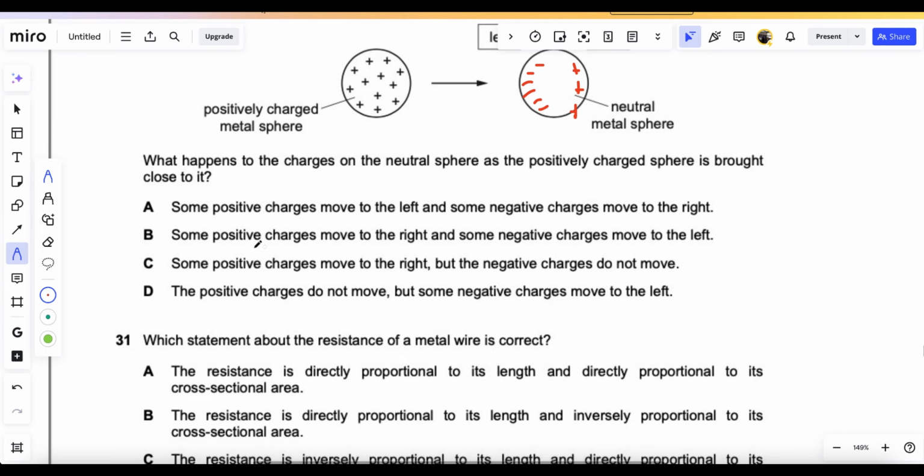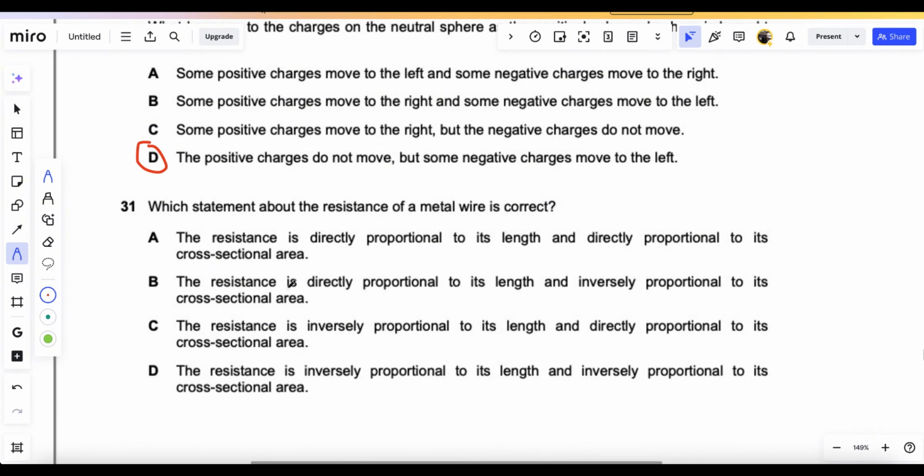The positive charges do not move, they remain wherever they are. But the negative ones will all spread out like this. But some negative charges move to the left, I think this one is more correct. Question 30, D. This one is more correct based on all the options that we have.